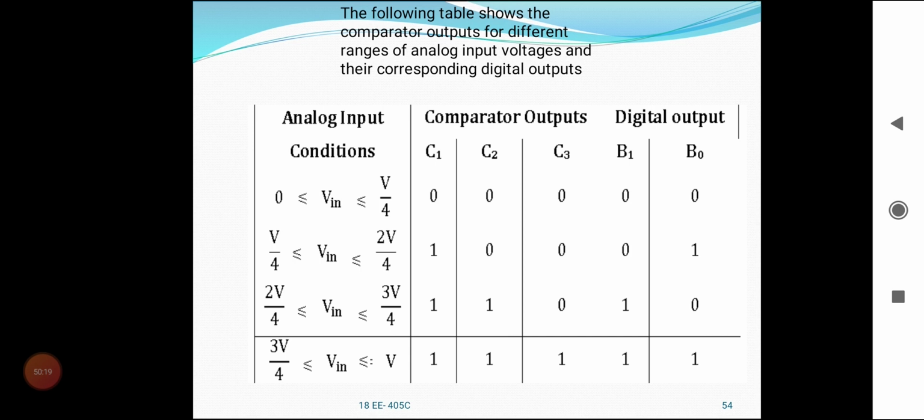When the analog input condition is 2V/4 ≤ Vin ≤ 3V/4, then C1, C2, C3 = 1, 1, 0. So bit B1 is 1, bit B0 is 0. When the analog input condition is 3V/4 ≤ Vin ≤ V, then comparator outputs are 1, 1, 1. Then digital outputs are 1, 1.